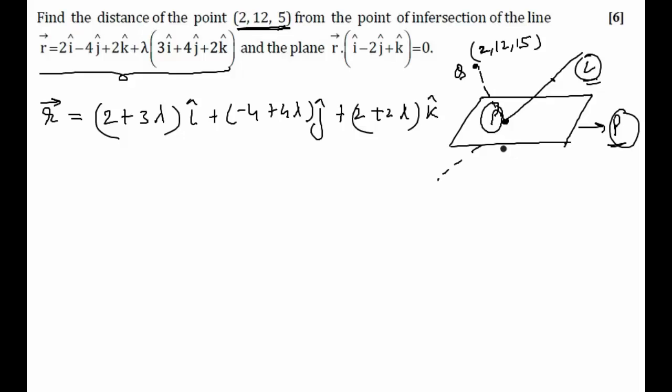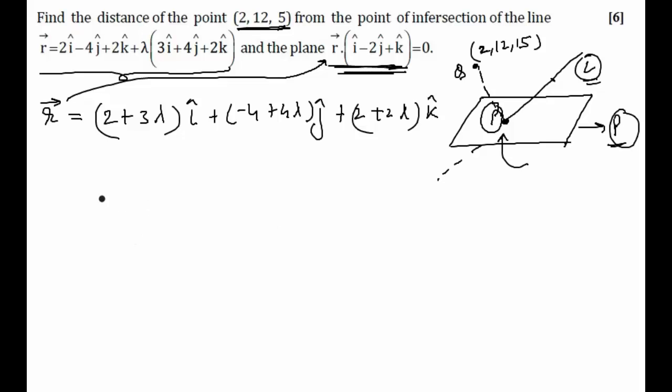Now for some value of lambda, it will also represent this point P, which we need, right? But if that is the case, then this position vector should lie on the plane also, if it is the intersection point, which means that this R should now satisfy the equation of plane, right?